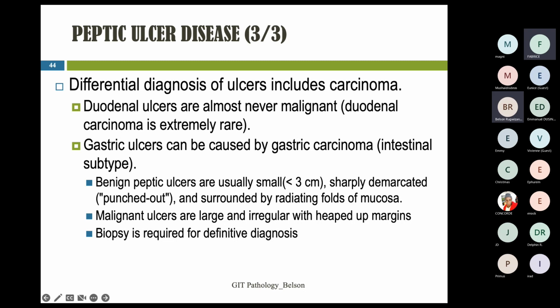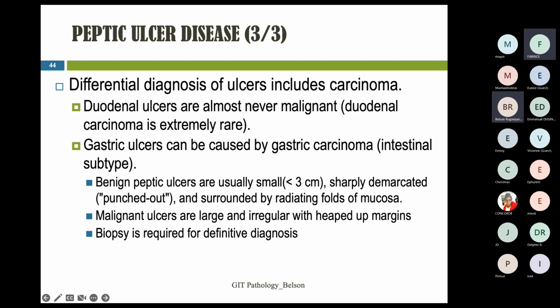Okay, first of all, the duodenal ulcers are almost never malignant, the fact is duodenum ntabwo ikunda kugira cancer. I think in my career I have seen maybe only one cancer in the duodenum, but in the stomach there are very many.